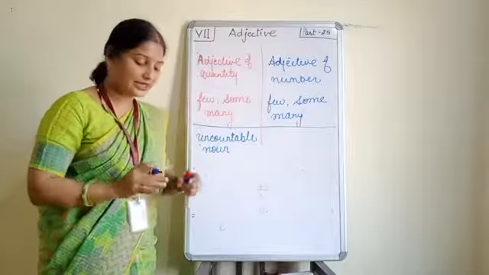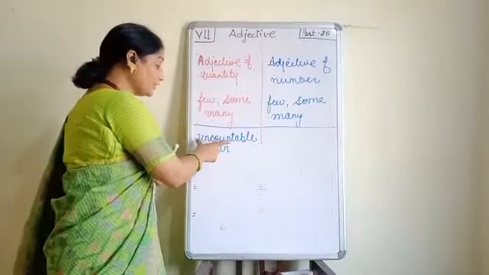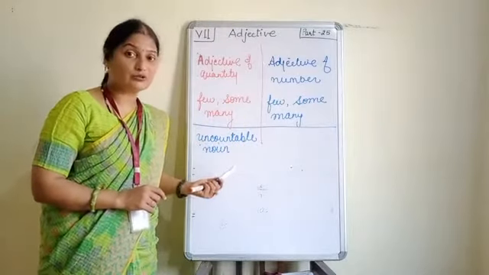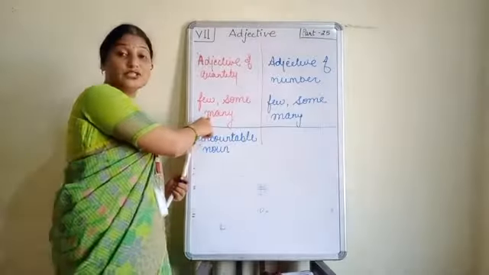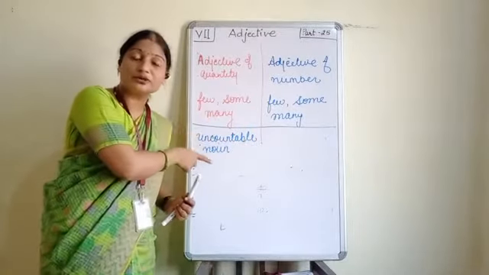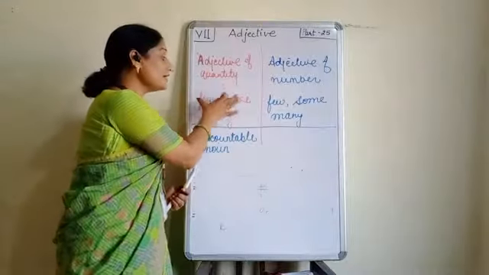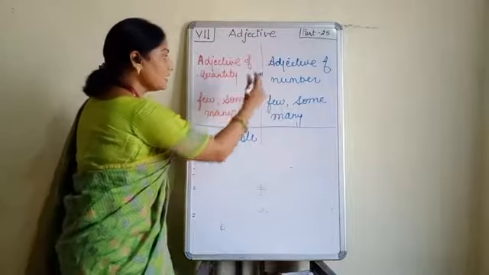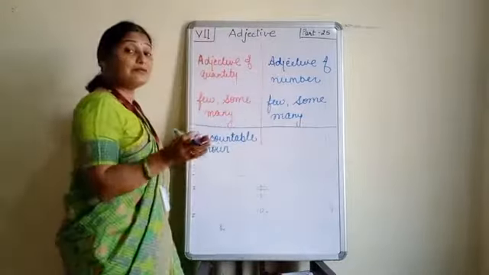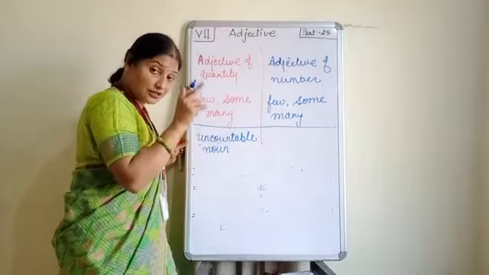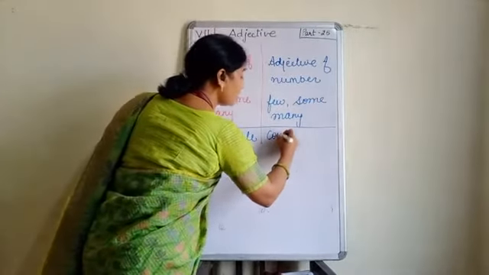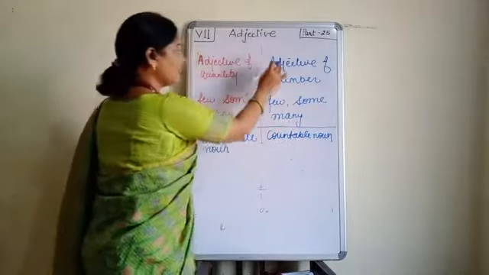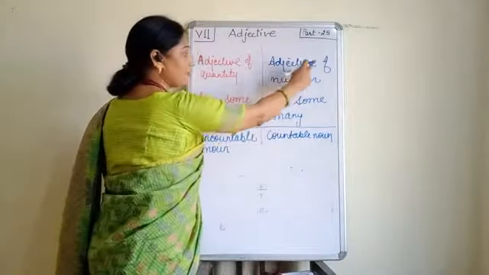So, what I mean to say that if few, some or many is used in a sentence where there is uncountable noun, then these words will come under adjective of quantity. Just opposite of this, all these three words can be used if they are used along with countable noun. Okay? Then they all will come under adjective of number.